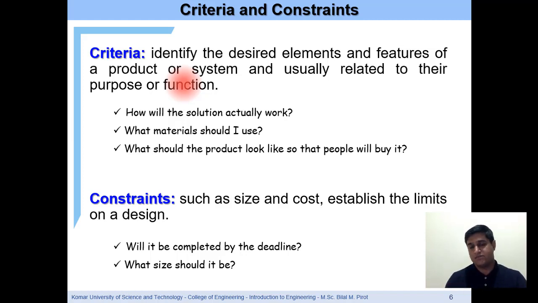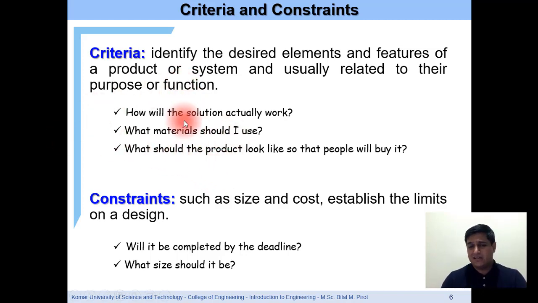Sometimes you are producing a system for managing something, for managing a country. Sometimes you are producing a service for developing a solution for a specific problem in society. So criteria means the features, characteristics, and properties of any product, system, or service.